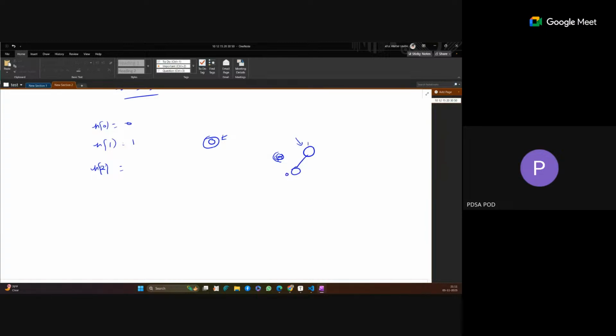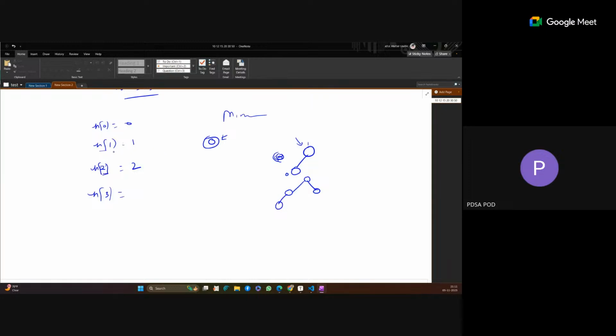We are looking for the minimum number of nodes now. So for height 2, 2 nodes are there. Okay, for height 3, what is the minimum number of nodes possible? That is like this, a single node on one side and another on the other side. Sir, how is H1 equal to 1?